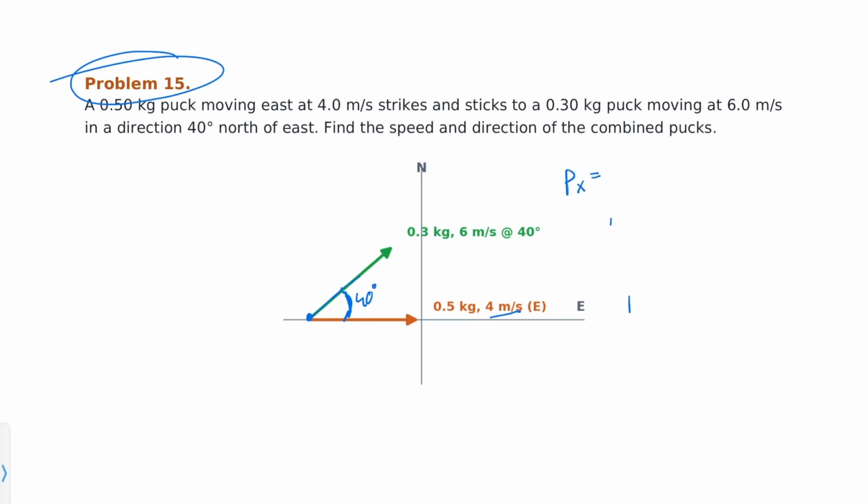Pieces is the x momentum of the 0.5 kg here, which is to the right, so I'll count it as positive. So 0.5 times 4 plus the x momentum of the 0.3 kg, which is 0.3 times 6 times the x vector here, which is the cosine of 40.